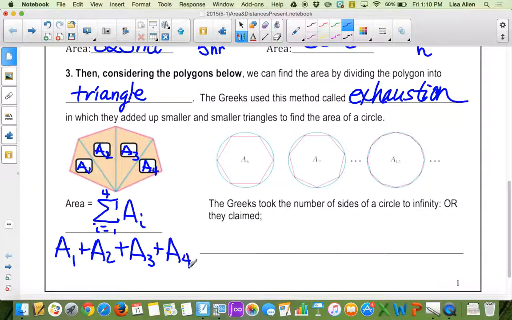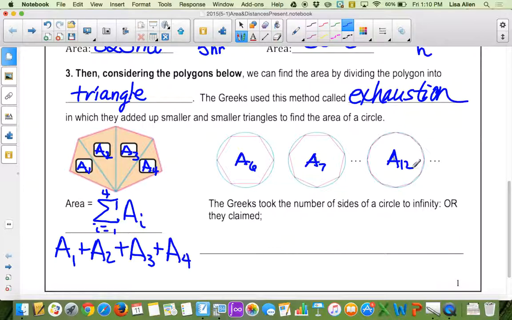So if we took a polygon, a hexagon, and split it up, we could definitely find the area of those 4 triangles. Well, the Greeks did this with circles. They took the number of sides of a circle to infinity, where you have A6, the area with 6 sides, the area with 7 sides. So a 6-sided polygon on the inside is called a hexagon. What's a 7-sided polygon called? A heptagon. And then a 12-sided polygon is called a dodecagon.